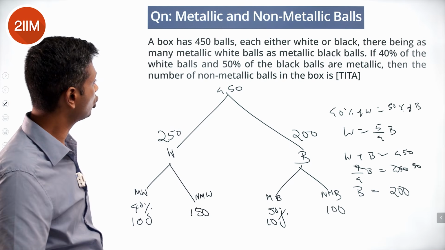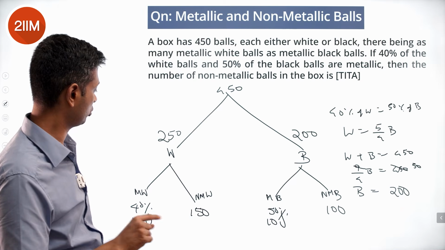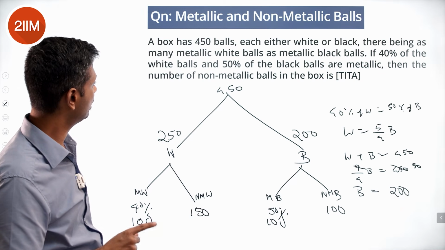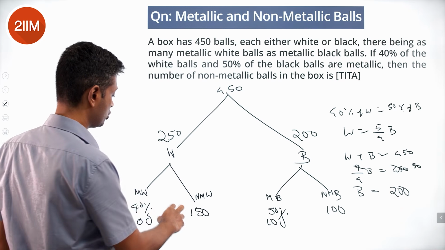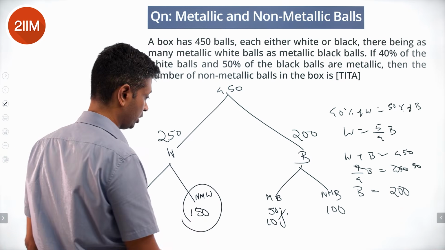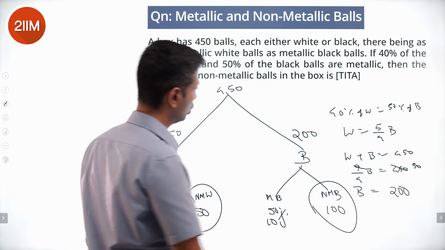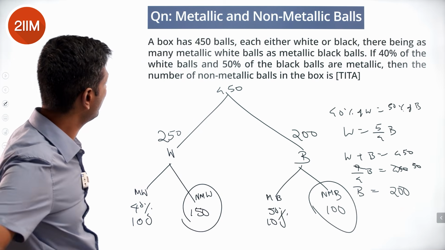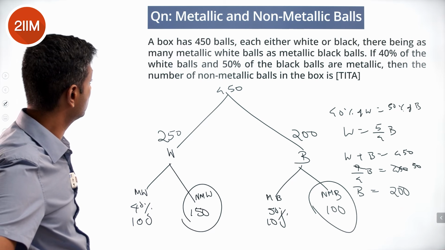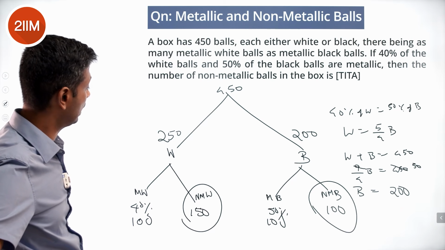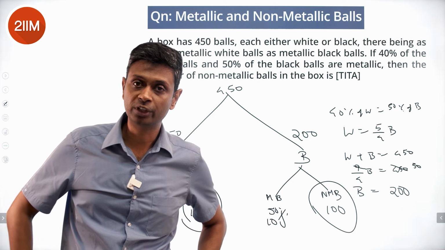Then the number of non-metallic balls in the box would be 150 plus 100, 250 totally.